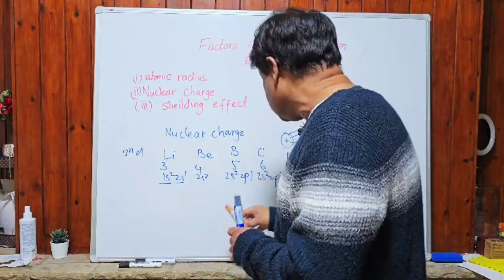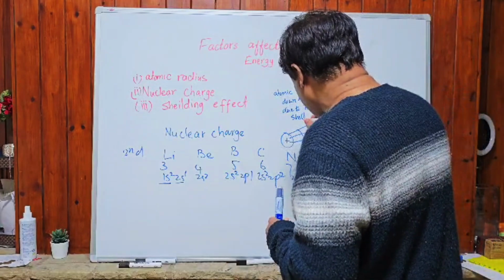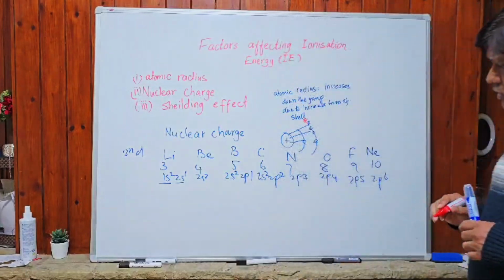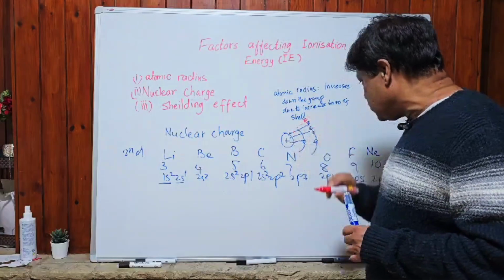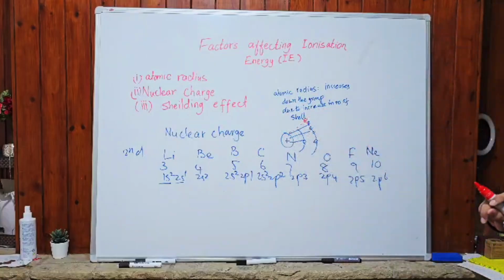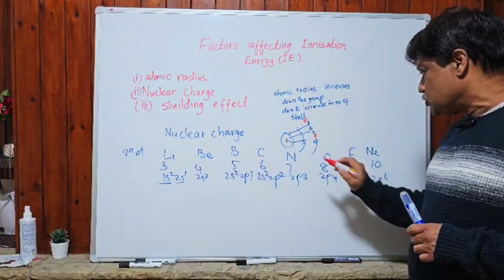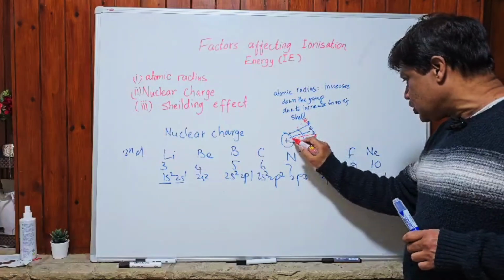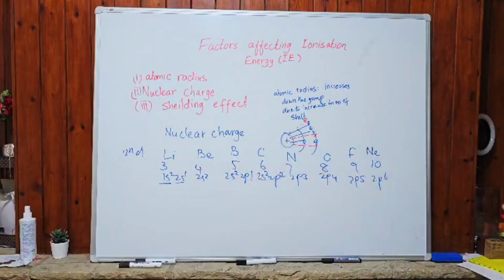Some teachers use the average nuclear charge, but I don't want to use it. This is the nuclear charge, the force of attraction between the nucleus and the outer electron, and more electrons are coming towards the second shell. So nuclear charge increases as we move across the period.